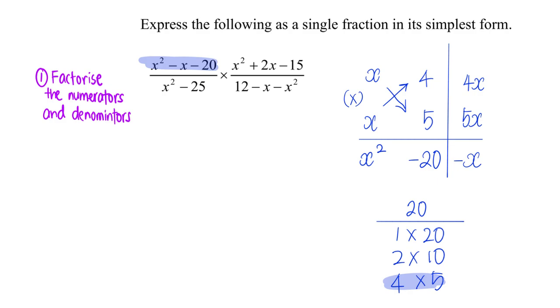In order to get -1, yes, very good, because -5x plus 4x will give me -x. And 4 times -5 does give me -20. And so I have gotten my factors for this expression here.